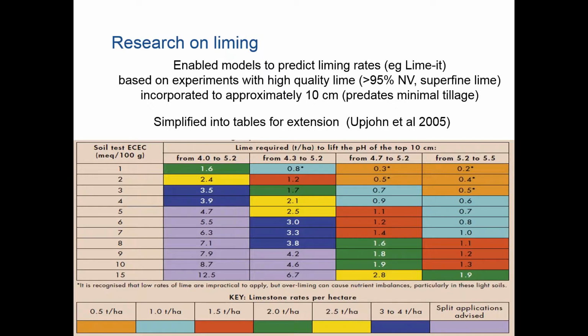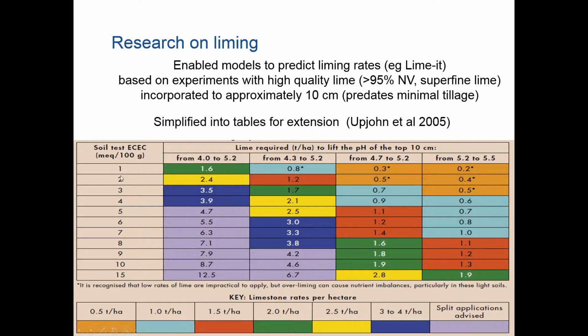The easiest measure from a standard soil test to understand buffering capacity is the effective cation exchange capacity, because it amalgamates the charge in the clay and also organic matter, because the higher your organic matter, the higher your cation exchange capacity will be, and that changes with pH too.